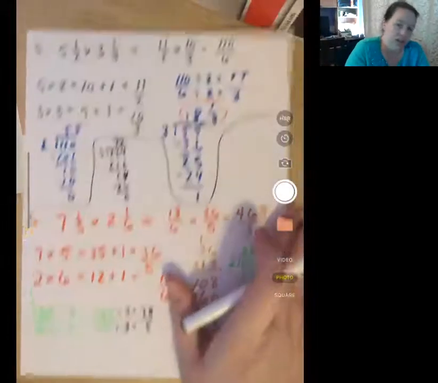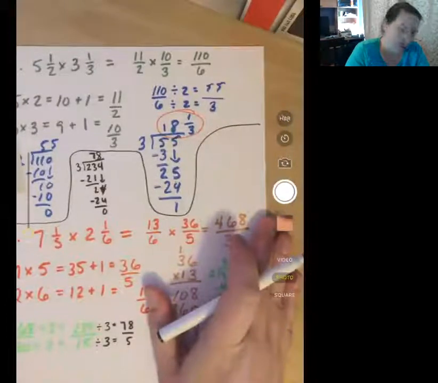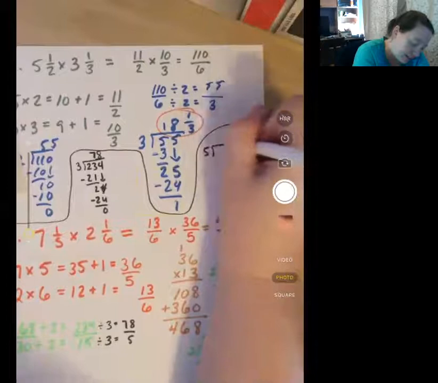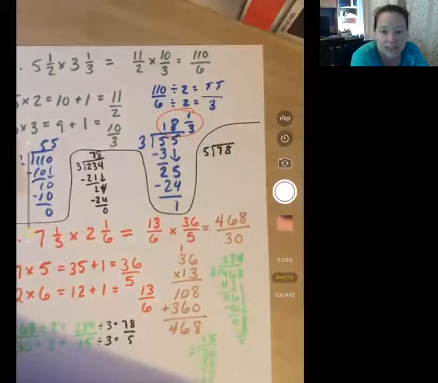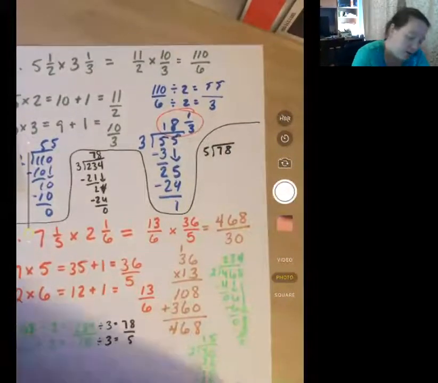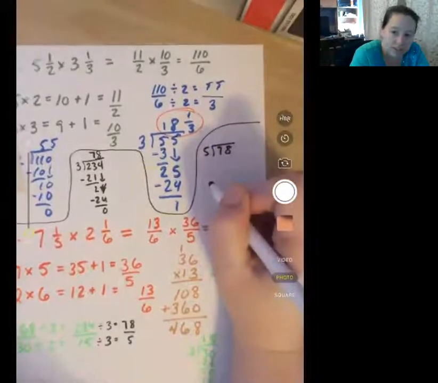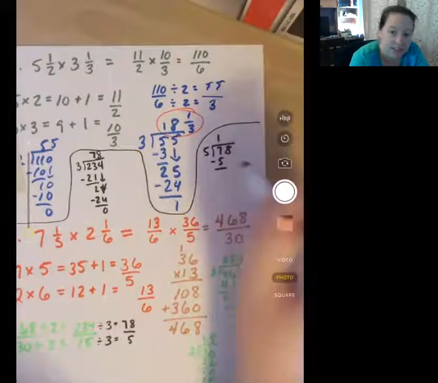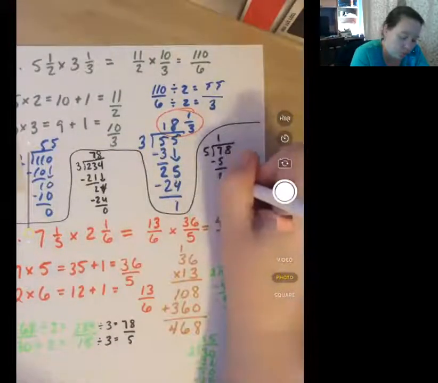Now I need to change this into its mixed number. So I'm going to come over here and go 5 into 78 and see how many times that goes. 5 goes into 7 one time. 7 minus 5 is 2.